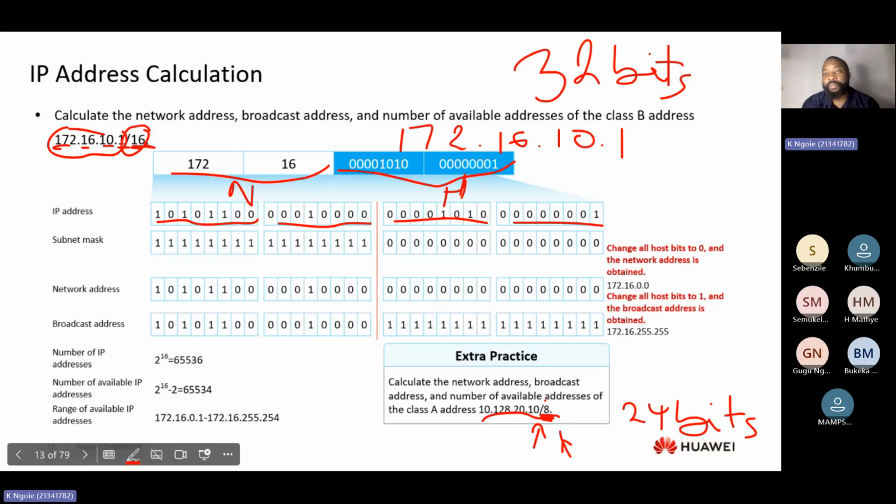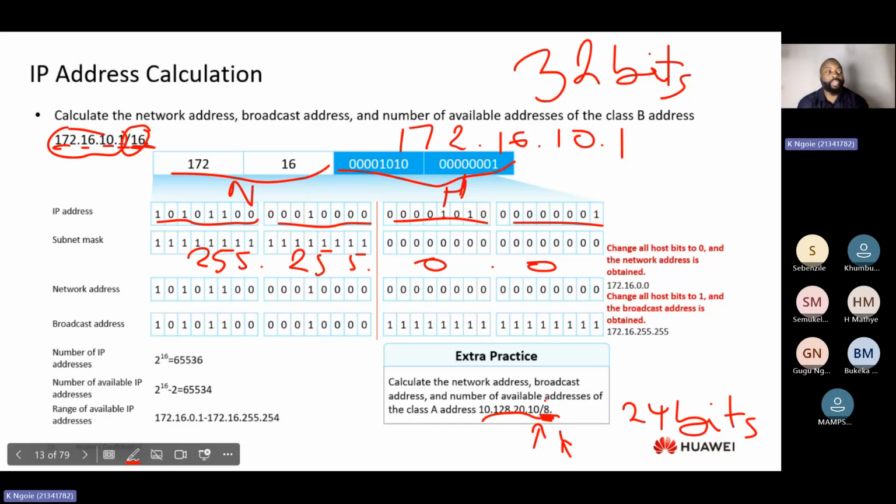What's the maximum number an 8-bit can occupy? It's 255. So this IP will be 255, 255, and then obviously 0, 0. So this is the subnet mask IP that we're going to have.